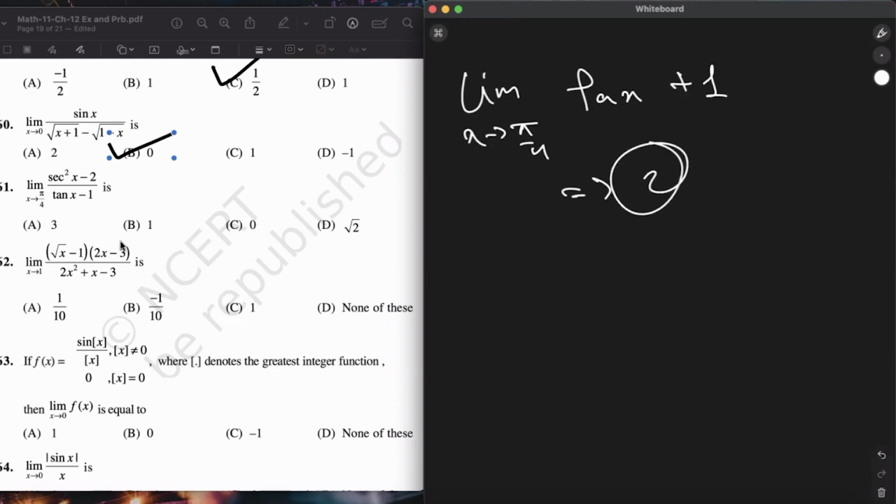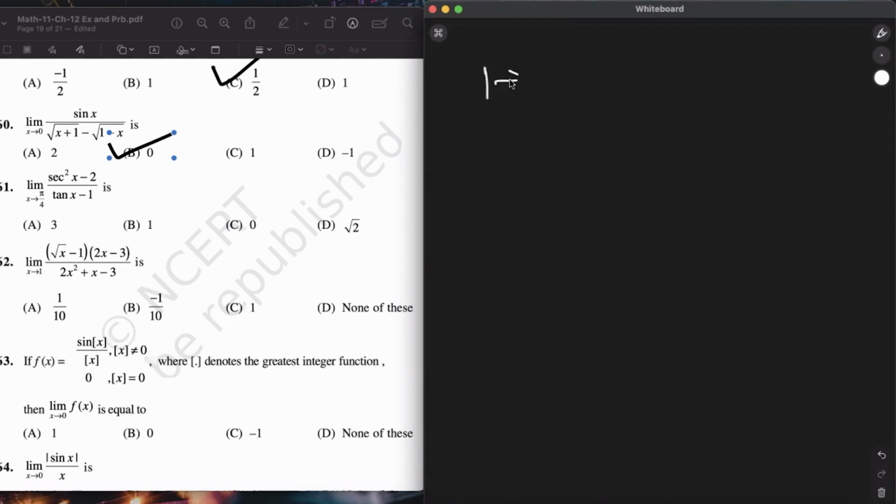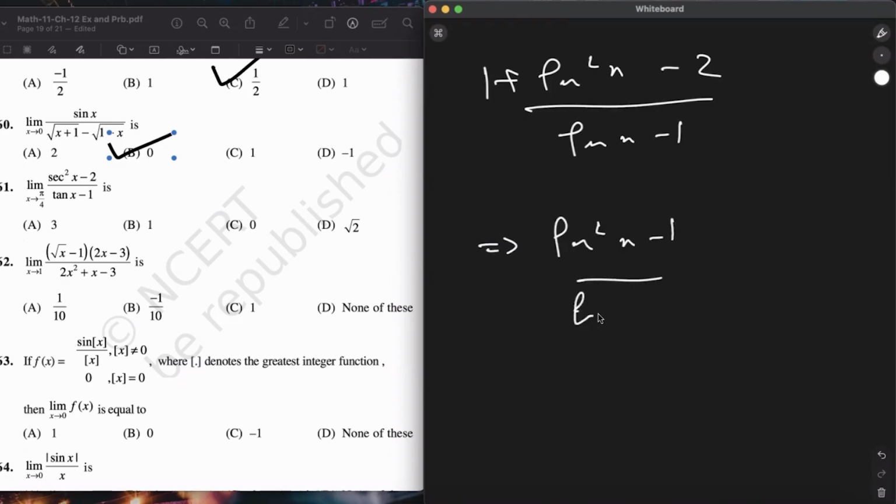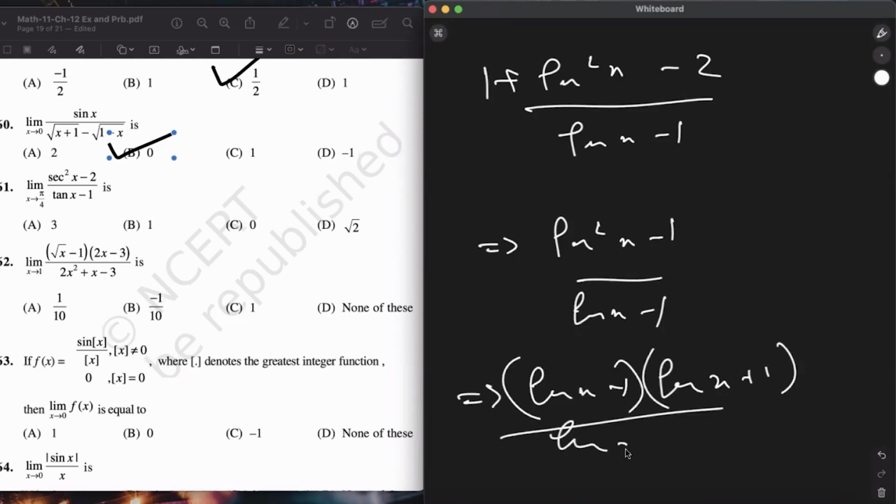The answer for this question will be 2, but there's no option as 2. Now, where am I wrong in this? Let's do it again. There was 1 plus tan square x minus 2, whole divided by tan x minus 1. So I'll be left with tan square x minus 1 divided by tan x minus 1. Open it up as tan x minus 1 and tan x plus 1 divided by tan x minus 1.